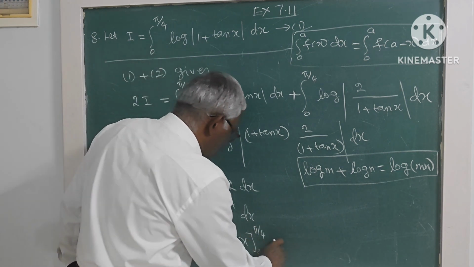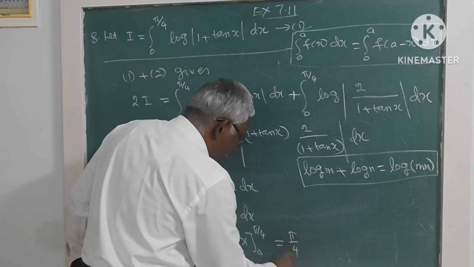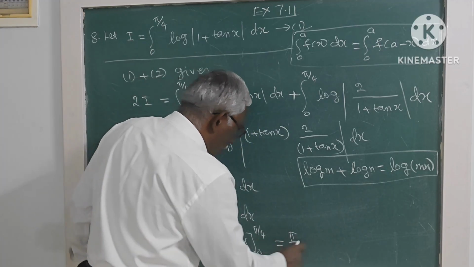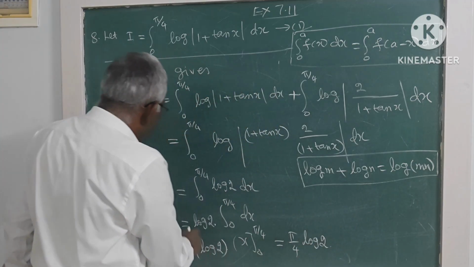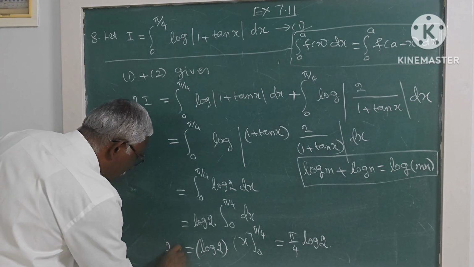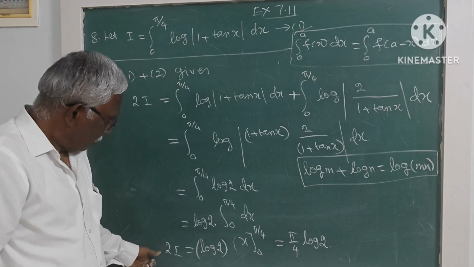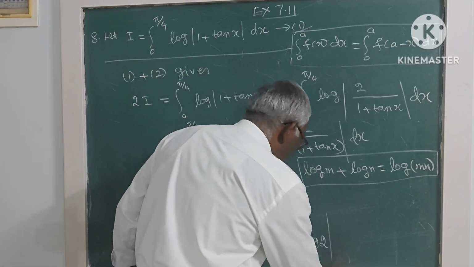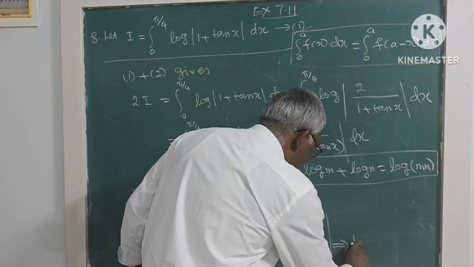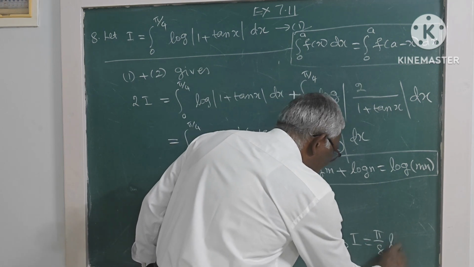So x is pi by 4 minus 0, so pi by 4 log 2. This is equal to 2I. You should not say this is the answer. This 2I is equal to this value. So this implies I is equal to pi by 8 log 2.